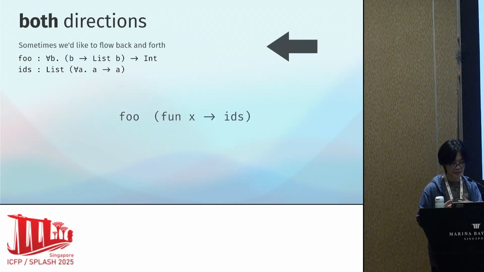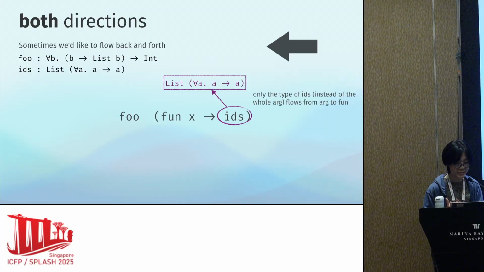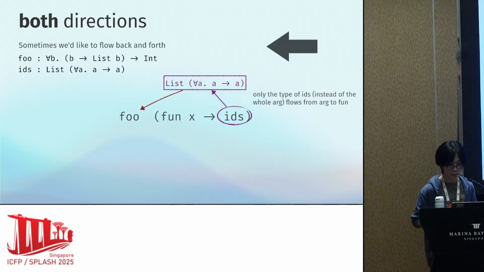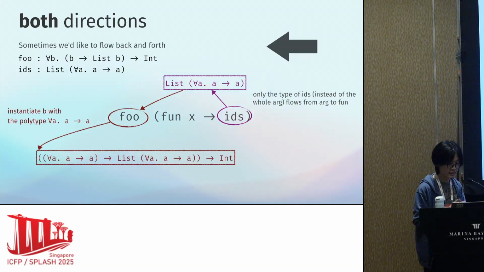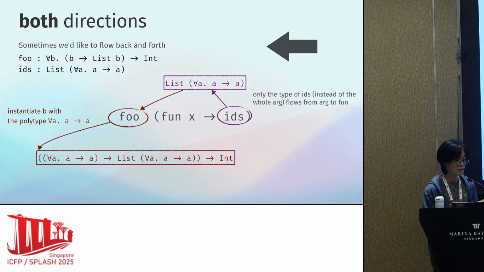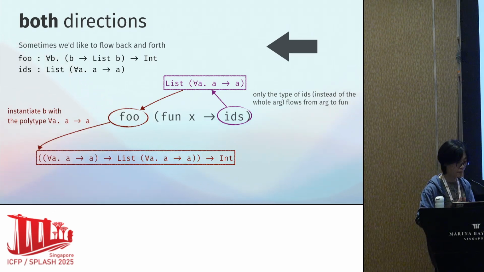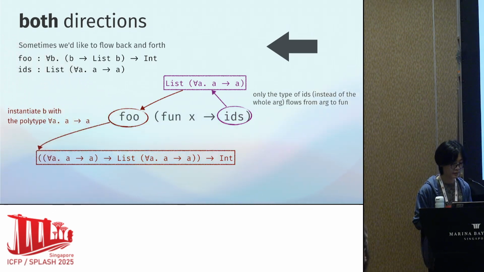So if we first flow from the argument to the function, we want to pass the type of IDS to the function foo. And then, since we know that the function foo should take another function whose result type is the type of IDS, we should instantiate the type variable b with for all a dot a to a.